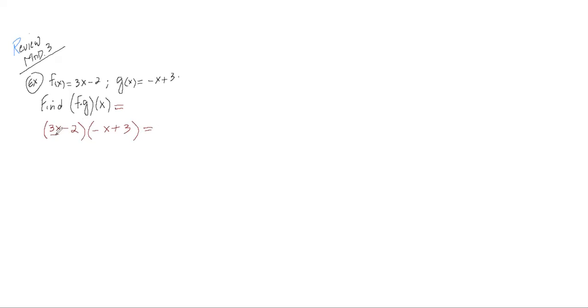So your first step is to distribute the 3x. That would be negative 3x squared plus 9x. The second step is to distribute the negative 2. So that would be plus 2x minus 6.